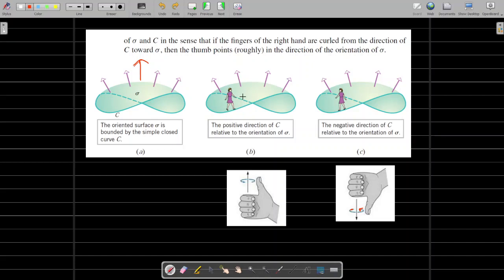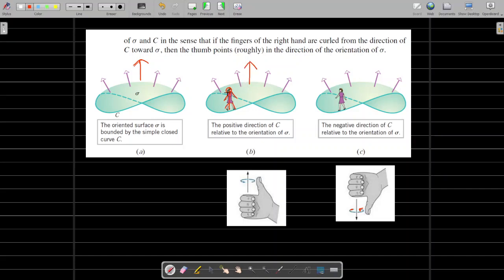So we will first have to identify the direction of orientation of C. That is, it will have either the positive orientation or the negative orientation. To identify it, suppose we have an upward orientation, then we will consider a person walking with their head in the direction of orientation of the surface.